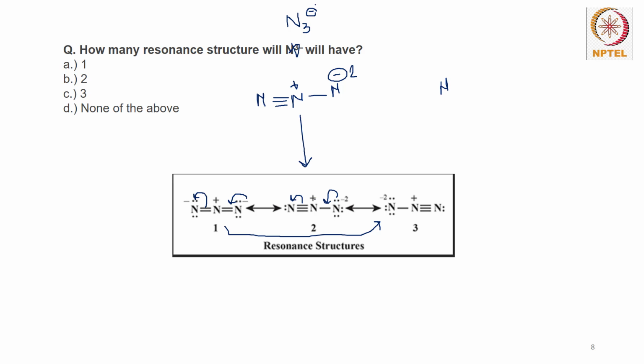Okay, so these 3. How many resonating structures are possible? The answer will be 3.